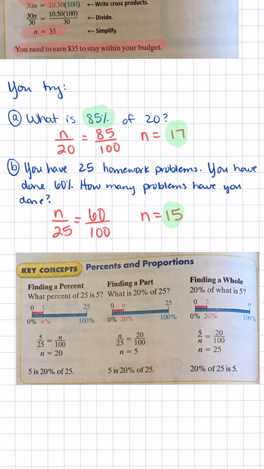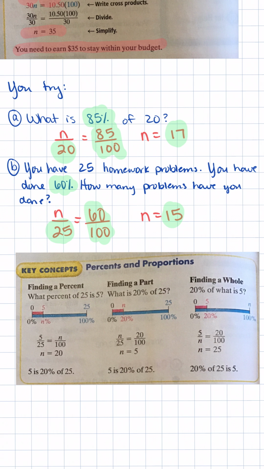Anytime you see a percent, it's just that number over 100. 60%, 60 over 100. And from there, you're just trying to figure out the total. If this is giving you how many you have total, that's going to be the bottom number, okay?